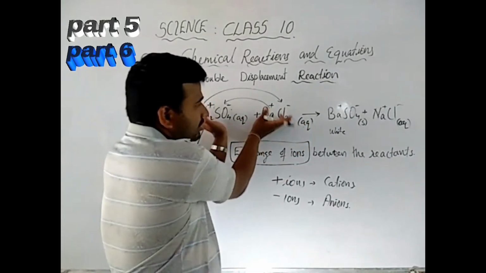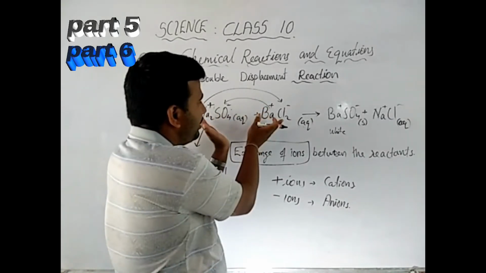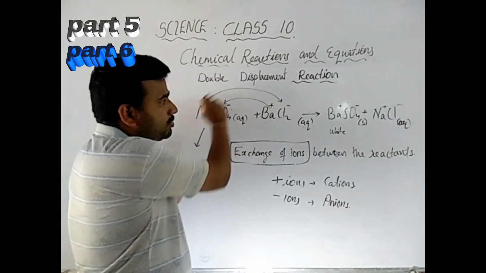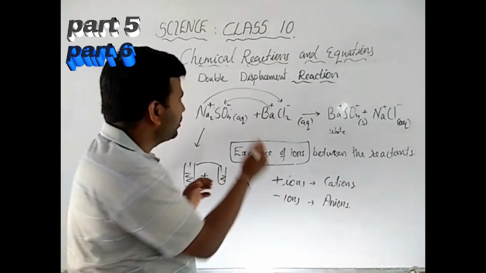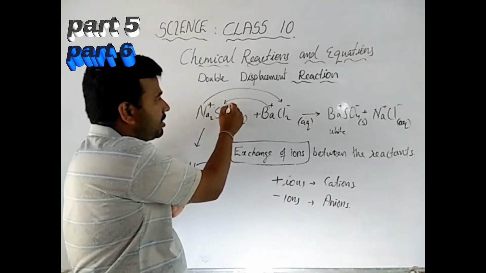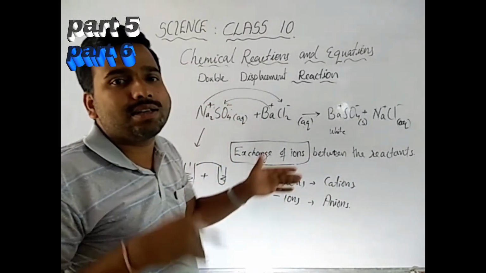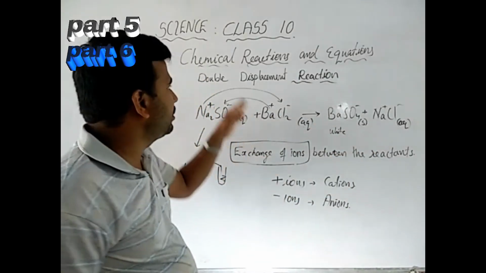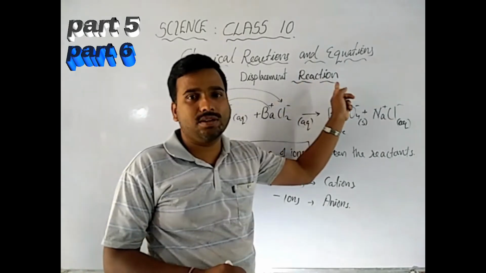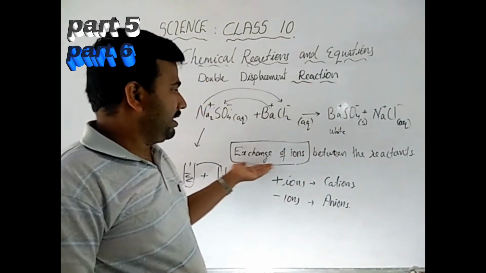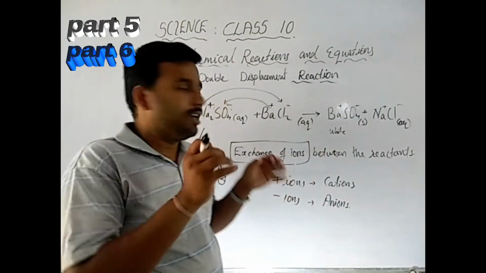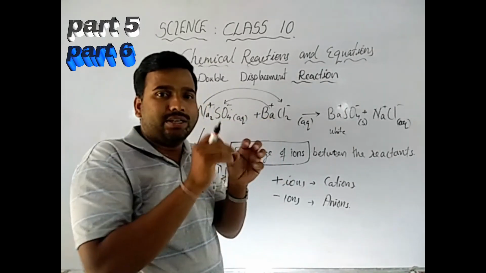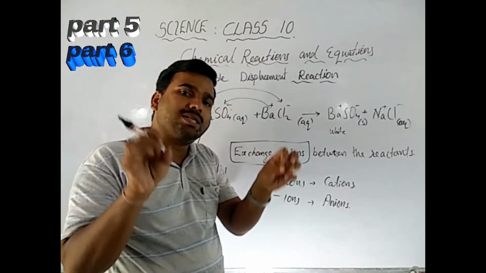This type of chemical reaction, in which both the positively charged ion as well as the negatively charged ion are getting displaced, is known as a double displacement reaction. It happens between two reactant species, especially two aqueous salt solutions.